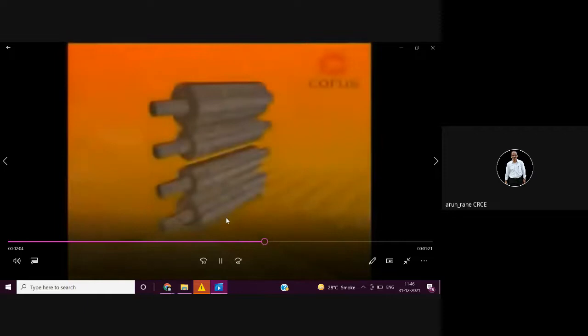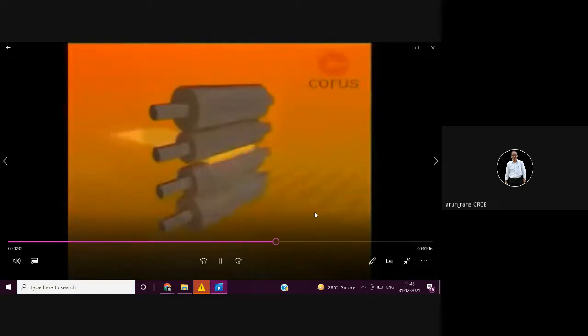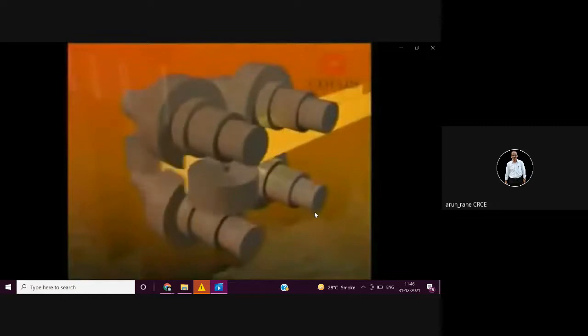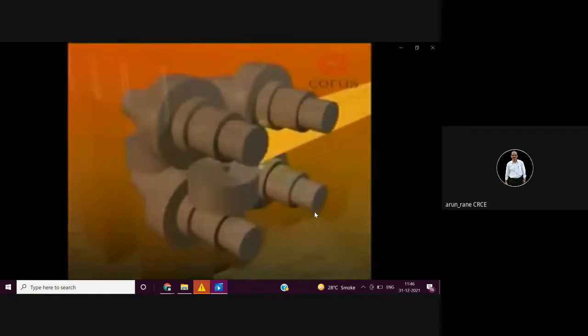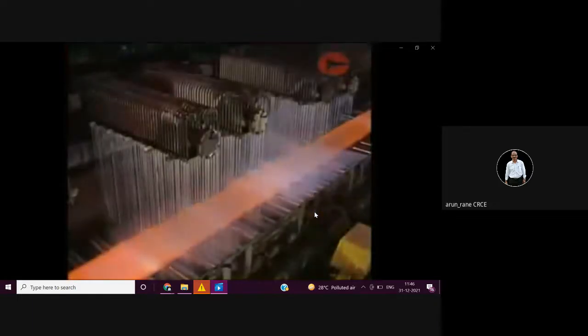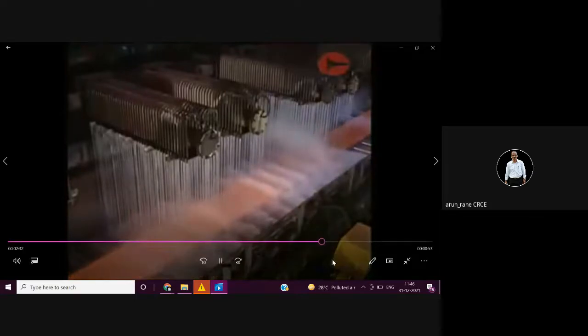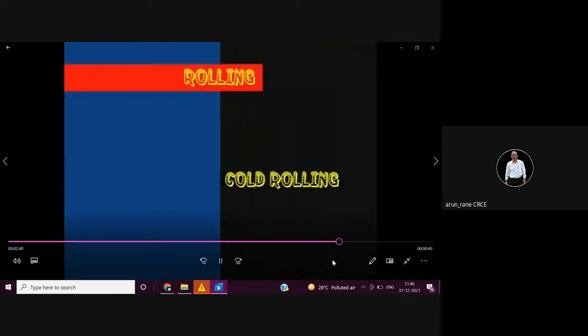This is 3 high rolling mill. This is 4 high rolling mill. This is a quenching where the material is quenched.